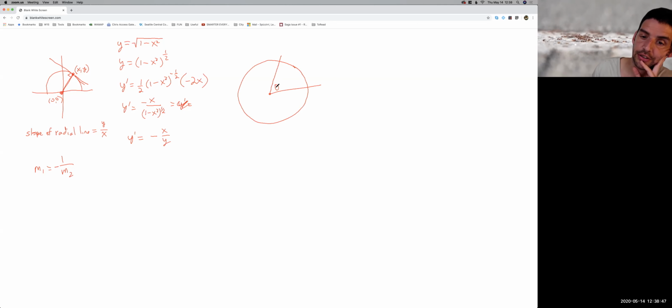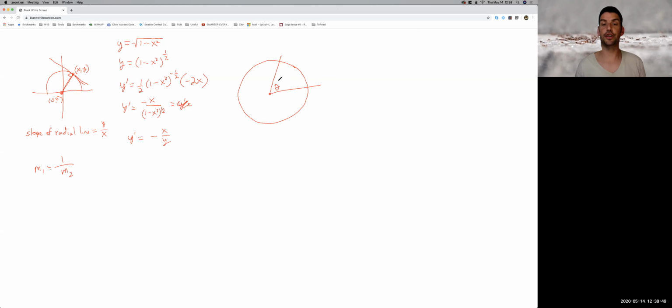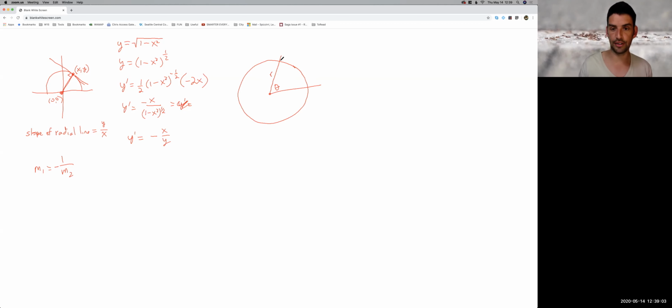If I have an angle, theta, and I want to know its radian measure, if I put that angle at the center of a circle, and that circle has radius r, notice it won't matter where I put it, it's going to trace out some length of the circle, right? There's this arc length here, okay? Let's give that a name. Let's call that L.